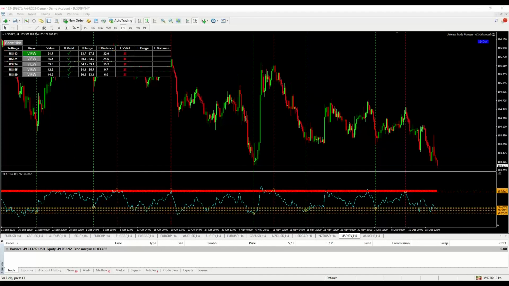So what happens when RSI starts to approach this region again? If it reaches this region, there's a higher chance that it might reverse from here. Of course, you still need to do your analysis, but this is just another way. Maybe this might add like 15% to your probability of being correct.